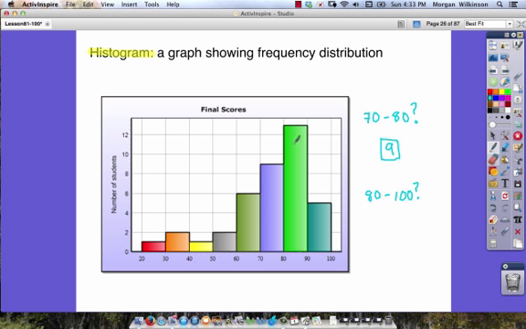So our green bar looks like it has between 12 and 14, because this is by 2's, so this must be 13. And 90 to 100 must be between 4 and 6, that's 5. So 13 plus 5 is equal to 18. And we can get lots of different types of statistics or important pieces of information by reading these histograms accurately.